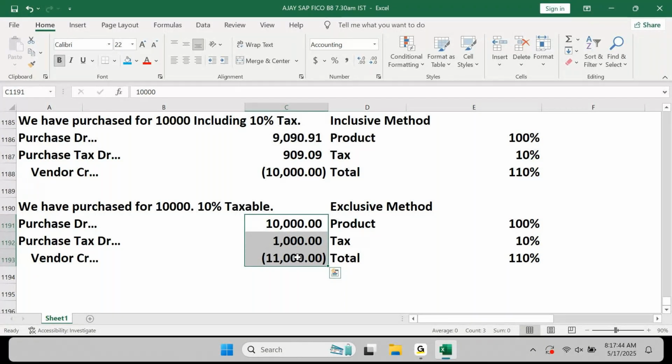What is the name of your tax? In India, you will call it goods and services tax. Within the goods and services tax, you will have input, output, CGST, SGST, IGST, UTGST. Depending on the situation, you will change it. In short, all those accounts are replaced here.